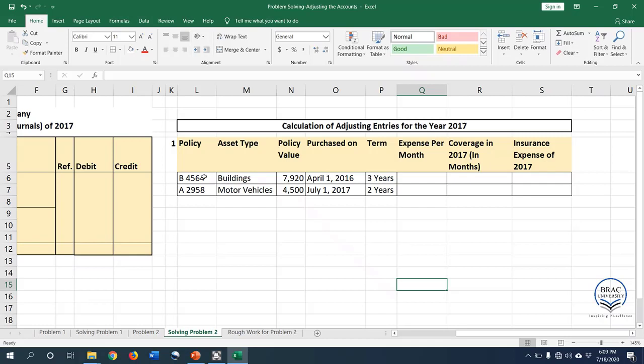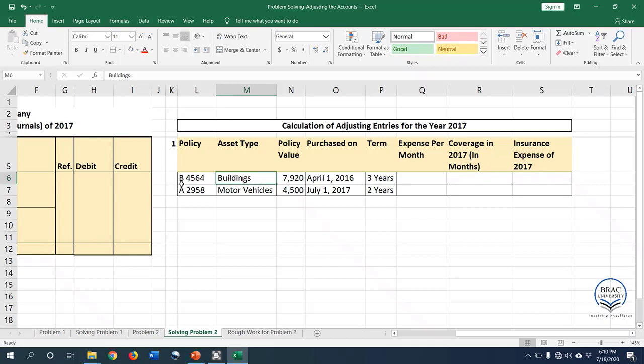So we have policy B, which is for the building. The price of the policy is $7,920, and we purchased it on April 1, 2016, and the term is 3 years. Our insurance coverage is for 3 years. Same thing, I have just written it here for easy understanding.